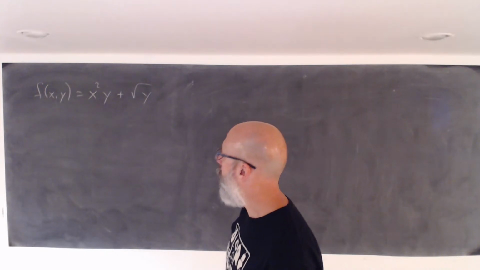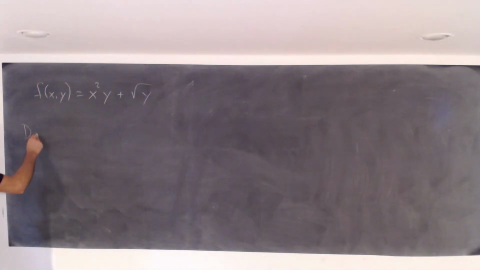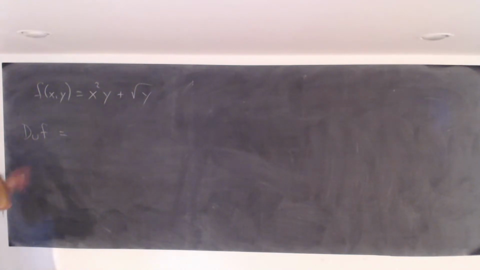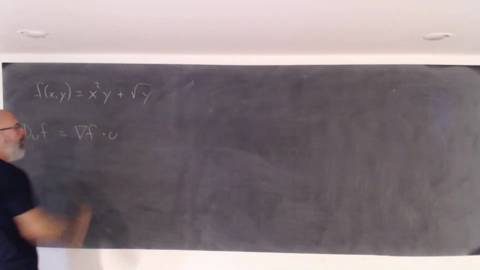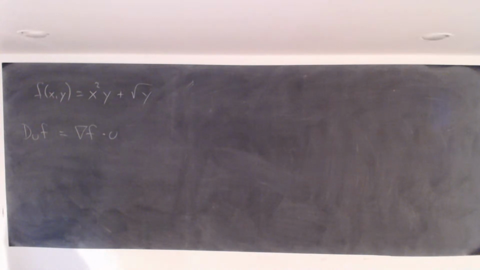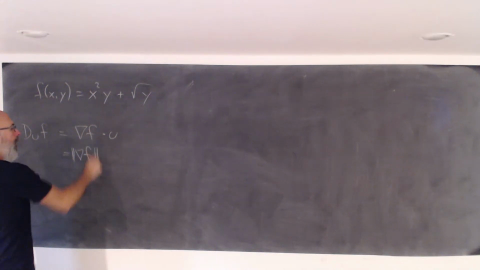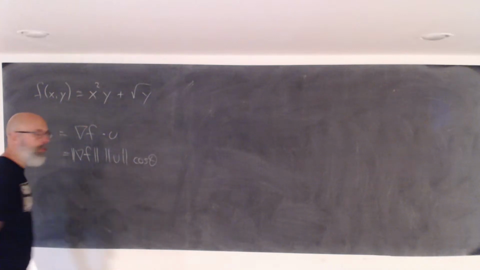Let's recall the directional derivative, as we saw, in the direction of a unit vector u, was the gradient of f dotted with u. And as you know, this is the length of the gradient, times the length of u, times the cosine of the angle between the two.